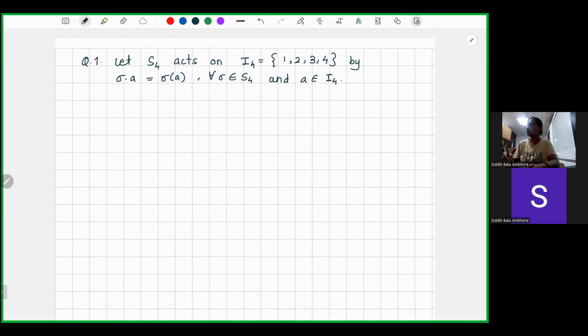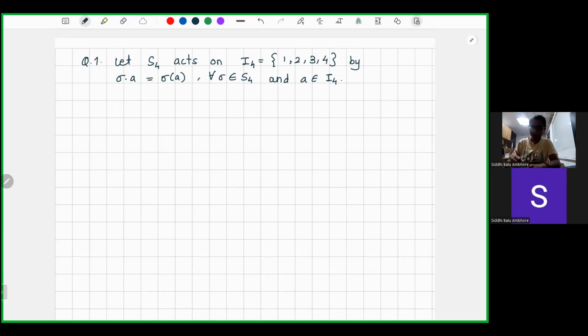So we will discuss what action means and what it means when we say a group acts on a set.